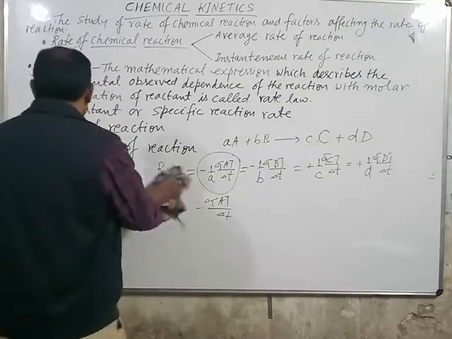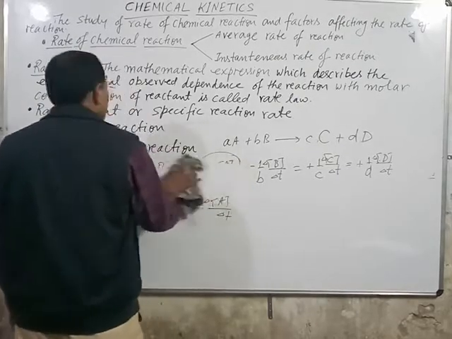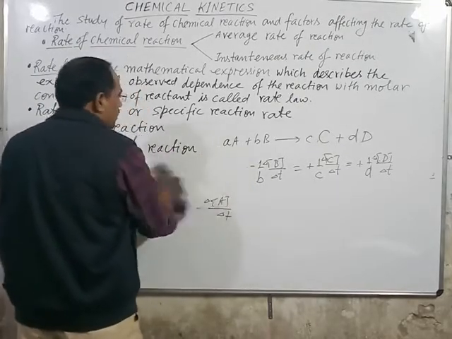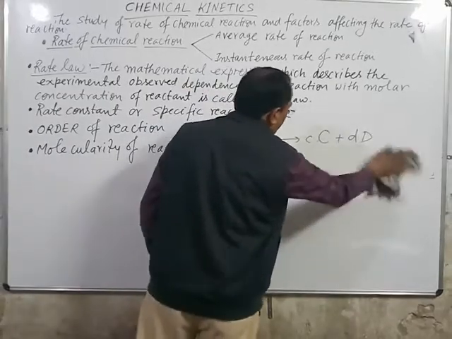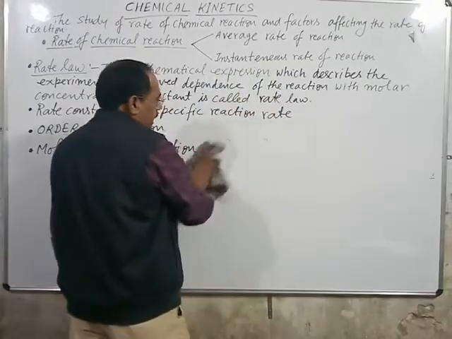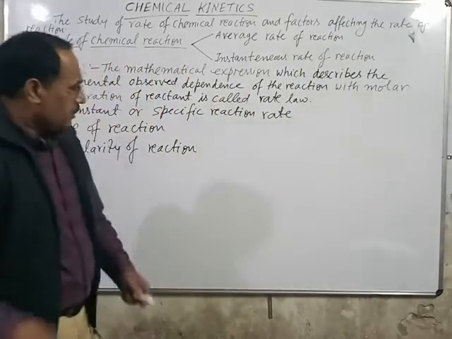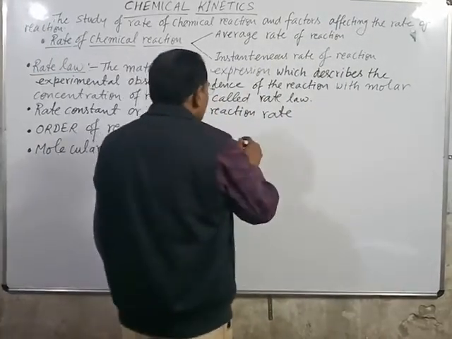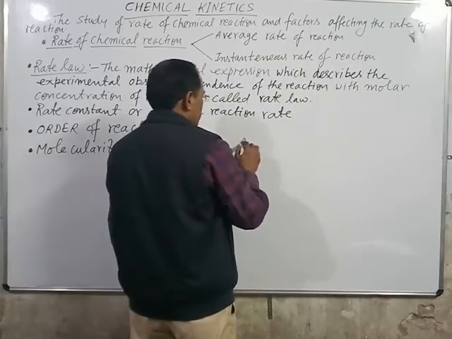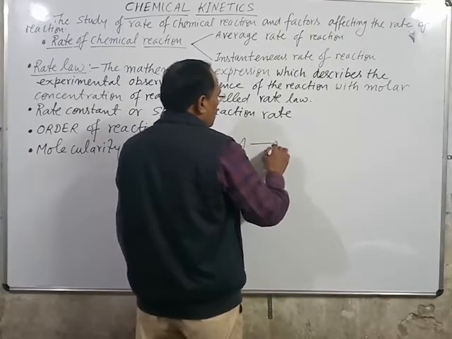Now the next step is order of reaction, rate constant or specific reaction rate. So what is rate constant or specific reaction rate? This is a general reaction: A gives product.